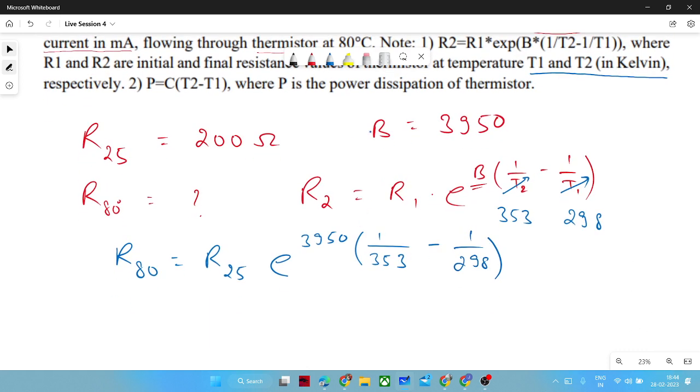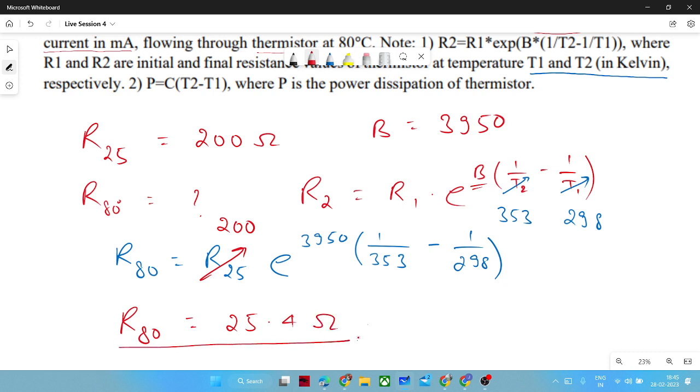And R25 is nothing but 200. So you will get the value of 200 into this much. So you will land up to the final value I am writing. The resistance at 80 degrees centigrade would be 25.4 ohm.